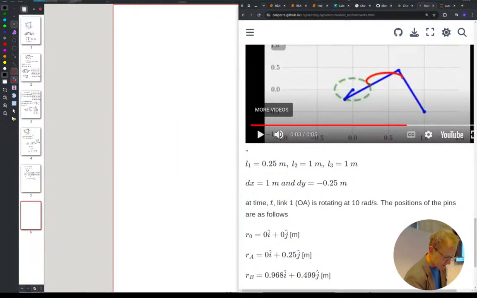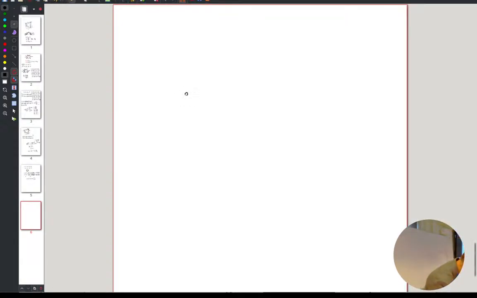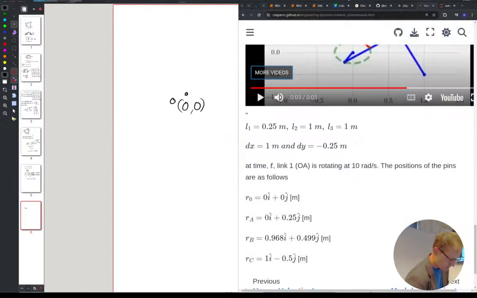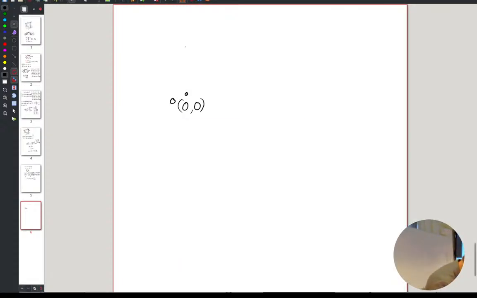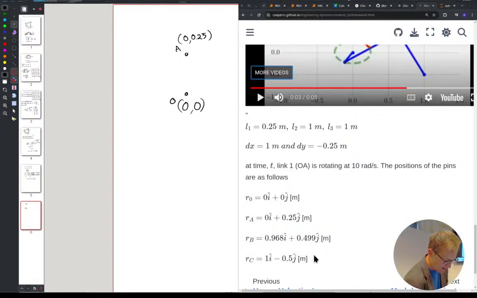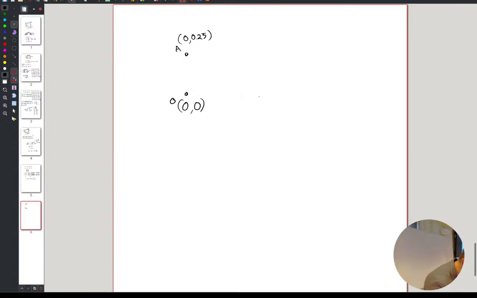Let's do this. RO is 0, 0. RA is 0 and 0.25. RB is almost 1 and 1/2, or 0.97, 1/2.